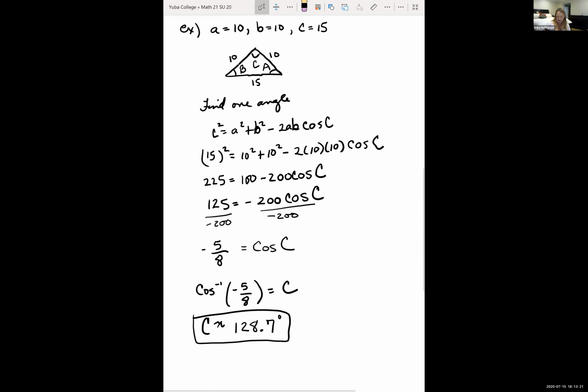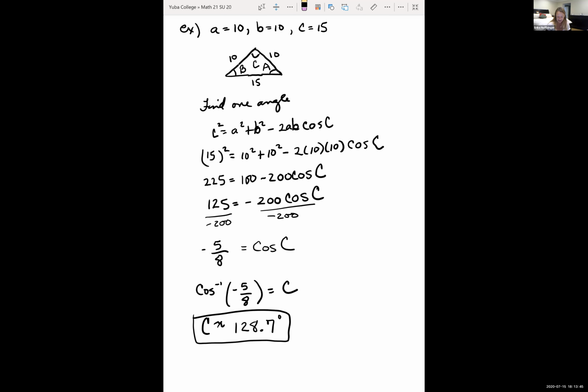Okay, so there was actually a reasoning why I chose C. Because if angle A is across from the same length, 10, as angle B is the same length, 10, then I know that those angles have to be the same measure. So I can figure that out with some information.